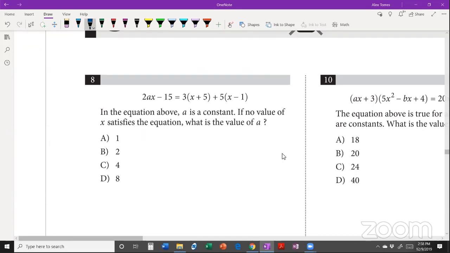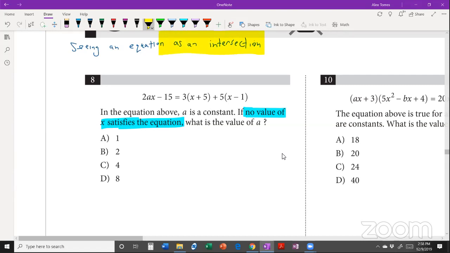Okay, so 8 is telling us that there's no solution, no value of x that satisfies. So I personally think you'd have the most success on this question with the idea of seeing an equation as an intersection. The rule that we recommend is to get both equations in the y equals format and set those equal to one another.